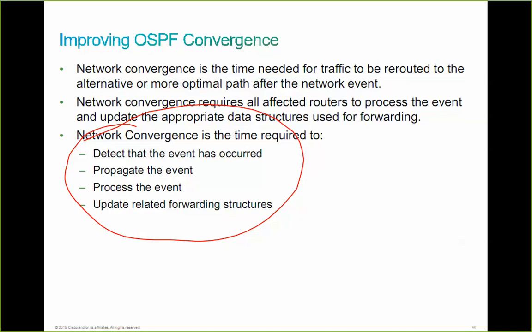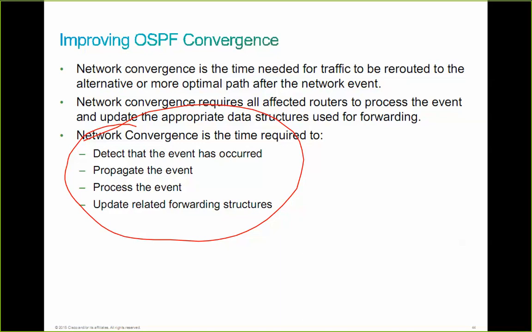Once the event gets propagated, the next step is to process the event. The information needs to be entered into the data structures, and data structures in the case of routing protocols include things like topology tables, routing tables, in some cases neighbor tables.